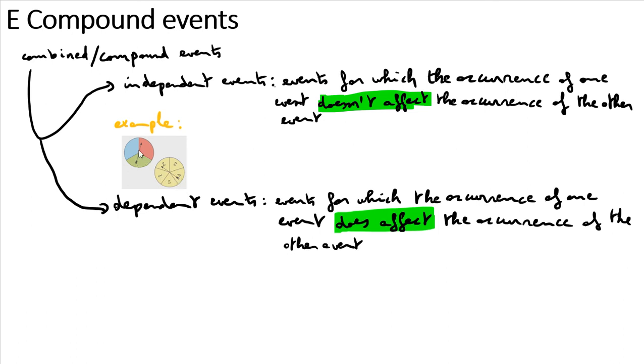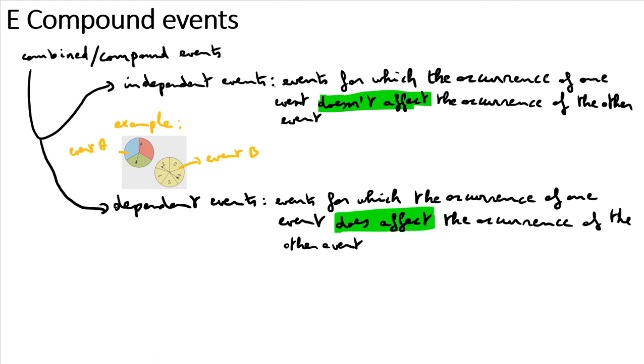You can see the first spinner as the first event and the second spinner as the second event. So we can say this is event B and this is event A. We can see clearly that those don't affect each other. For example, getting a red in the first event doesn't affect anything in the second event, event B.